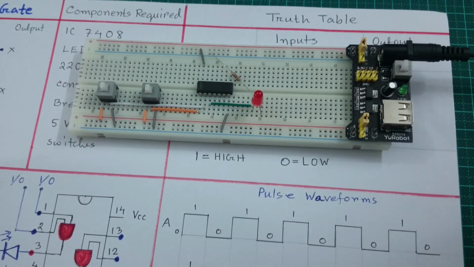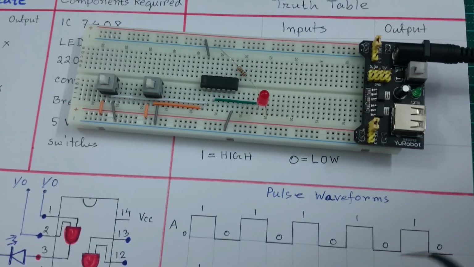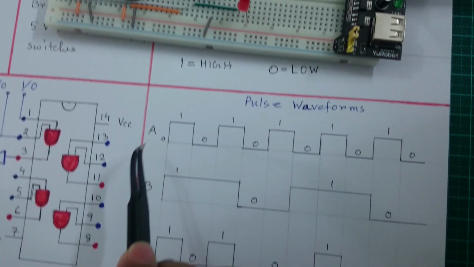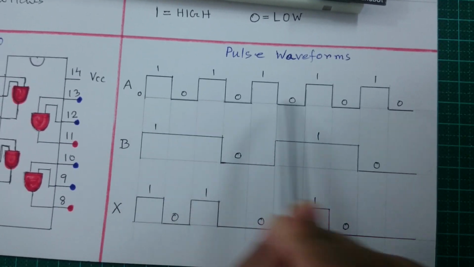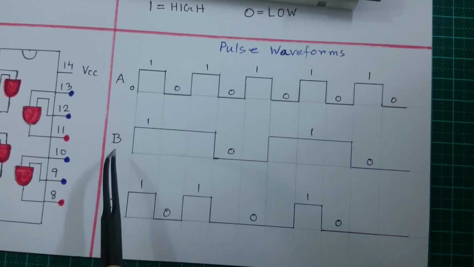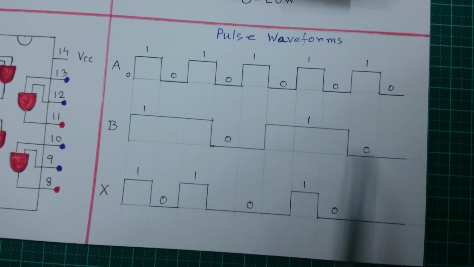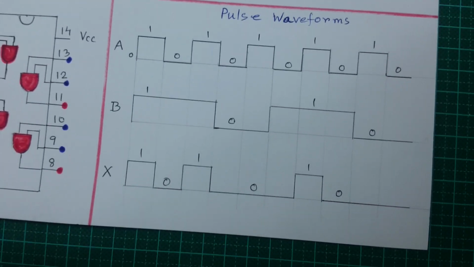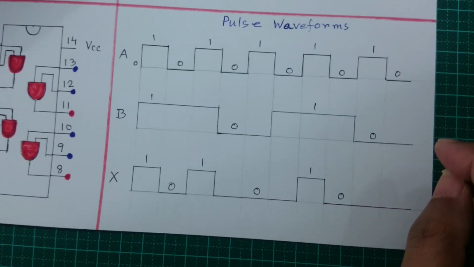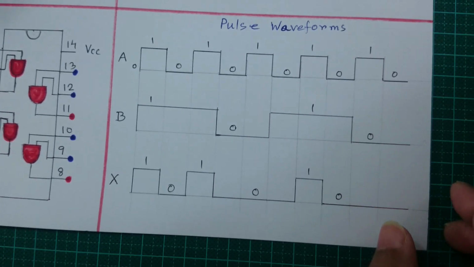Now I am coming to pulse waveforms. If I take one input of the AND gate as a pulse here, and if I give another pulse here in this shape, so I will get the output in this form. I am explaining how it is happening and how it is justifying the truth table.